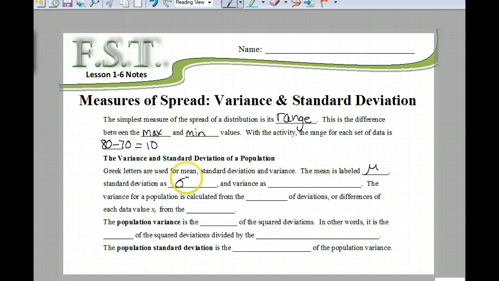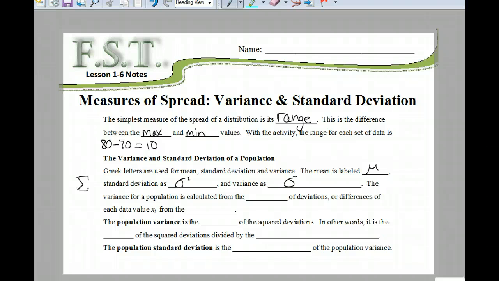This is a little sigma squared. You learned this earlier as the capital sigma for your summation notation. But this is a lowercase sigma. It's like a baby with one hair sticking up, right? Okay? And the variance is sigma squared.